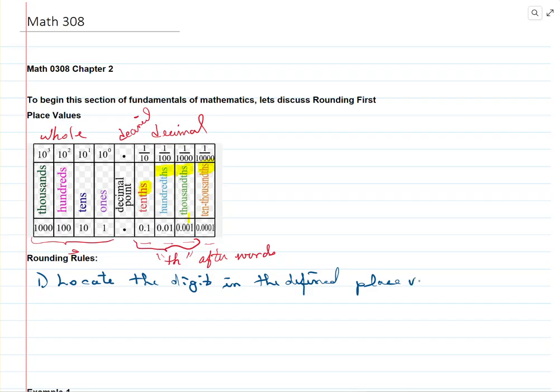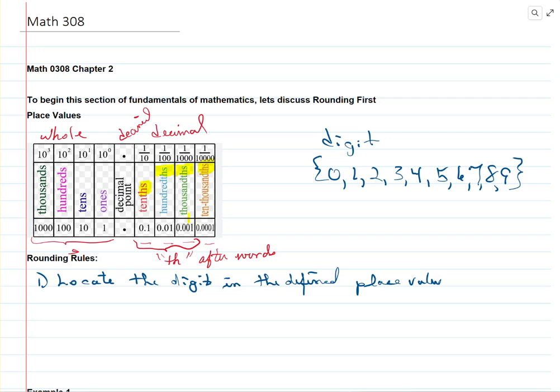The digits are 0, 1, 2, 3, 4, 5, 6, 7, 8, and 9. These are the only digits that'll be in one place value. All right, we find the place value digit.